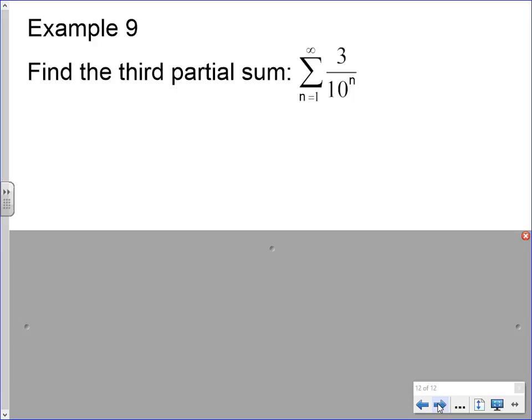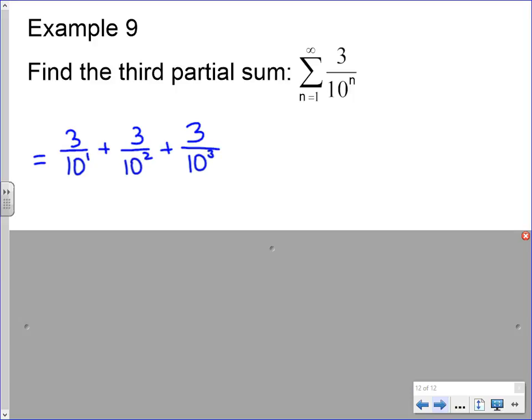First three. So our first term plus our second term plus our third term.